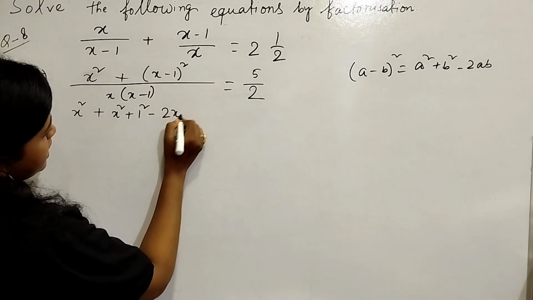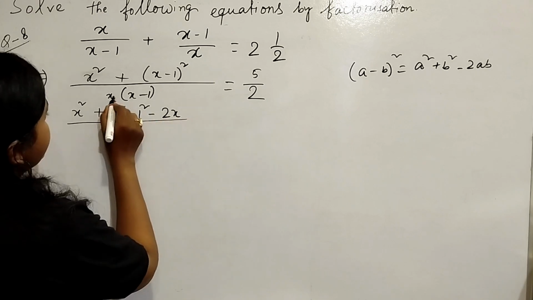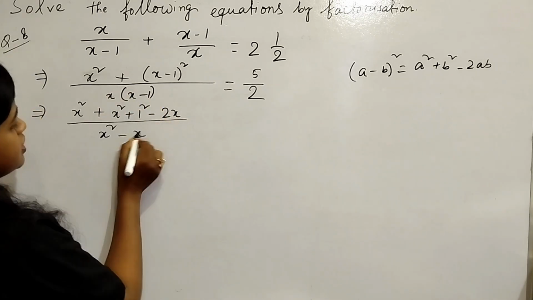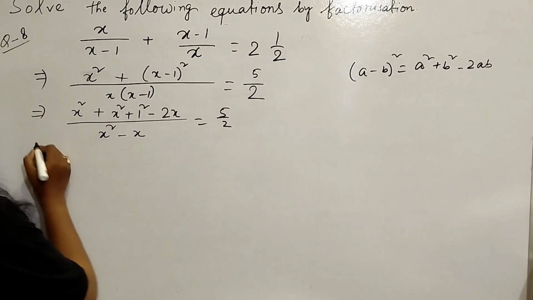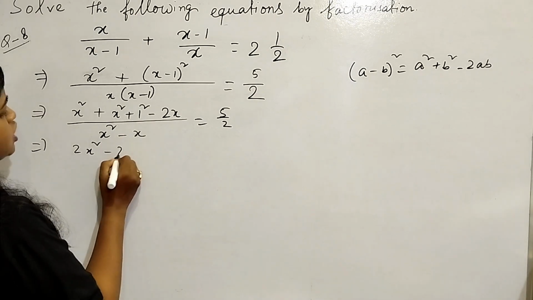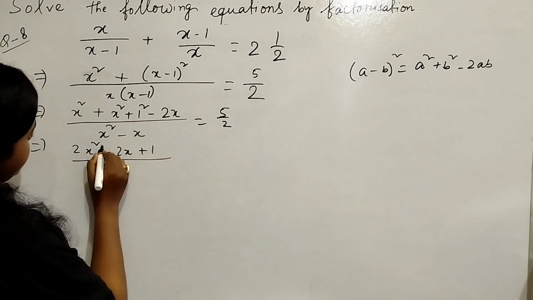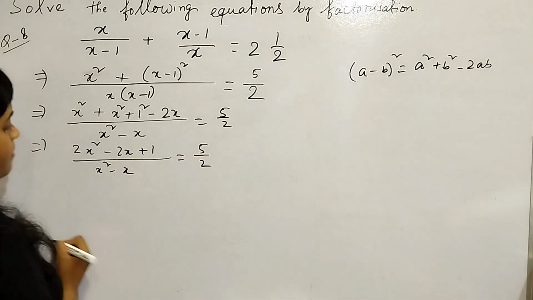Here b means 1, so we take 2 times x into 1, the product, over x into x, and this equals 5 by 2. Now x square plus 1 minus 2x, that is x minus 1 whole square, over x square minus x, equals 5 by 2.